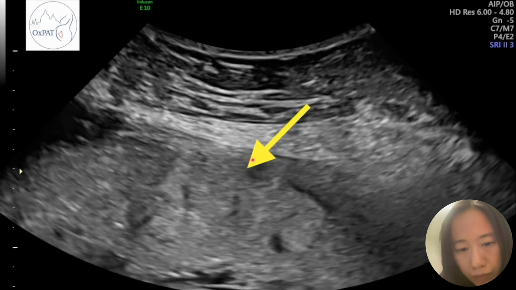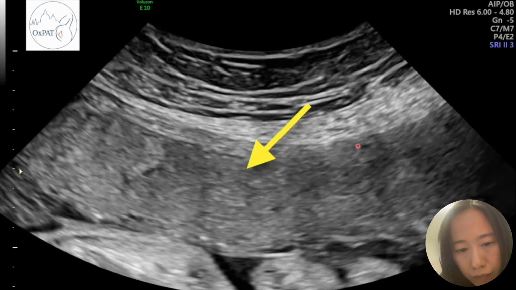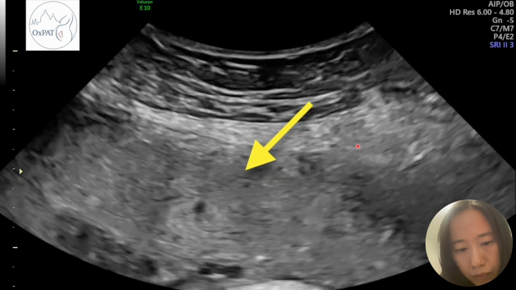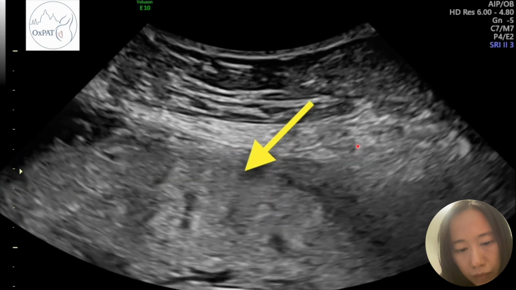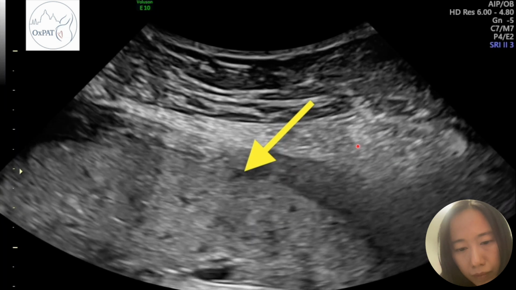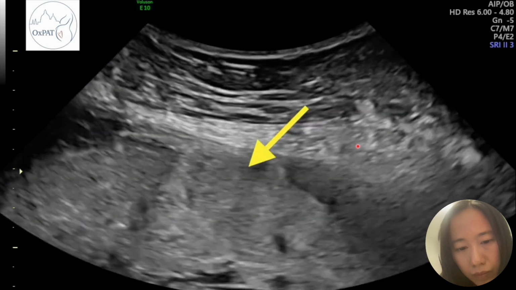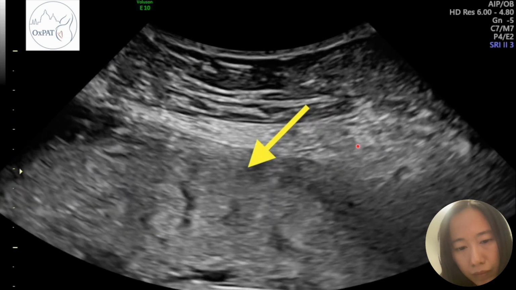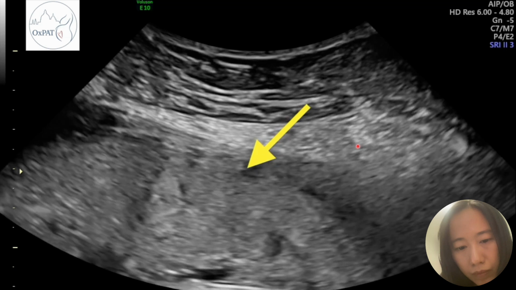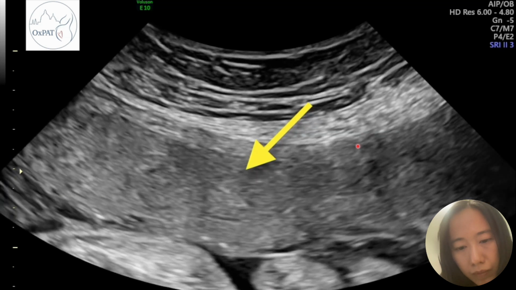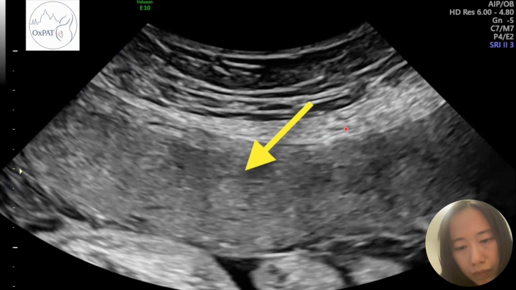The important thing here is that both structures are moving as one. When you look at the positive separation sign, the myometrium is released and the placenta continues to move slowly afterwards. Here you can see there is absolutely no separation between either of them and both structures are moving as one.